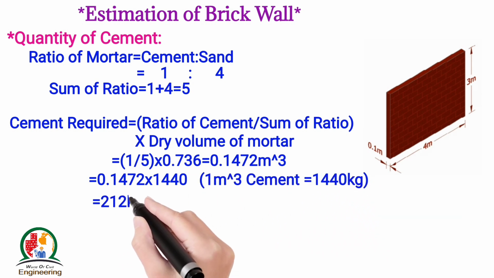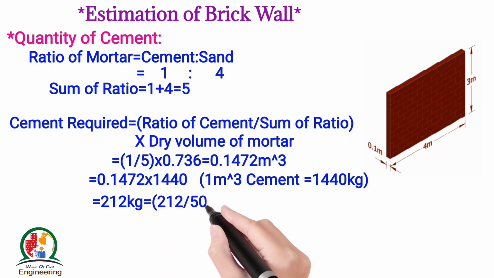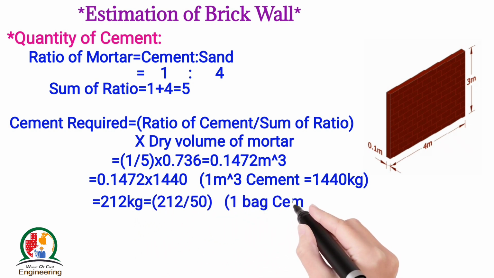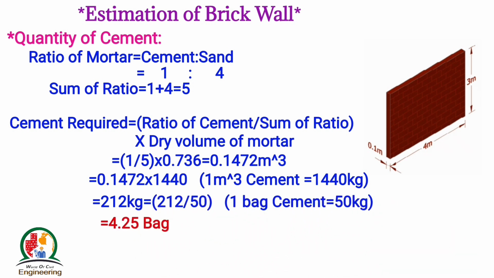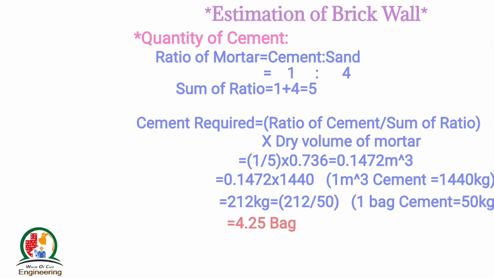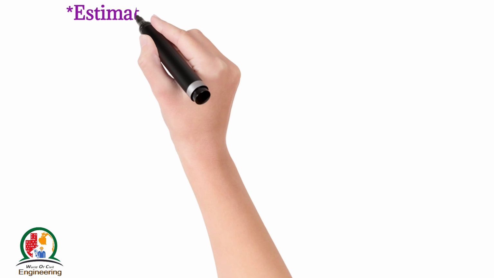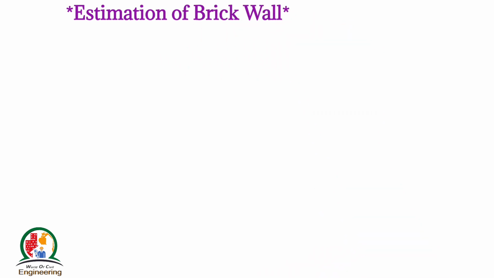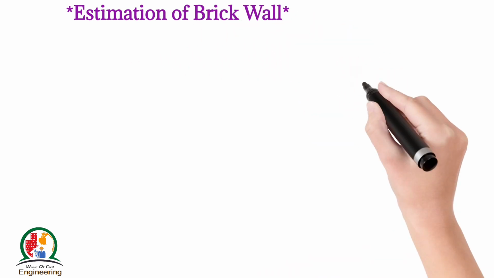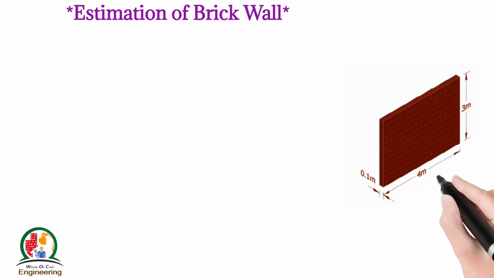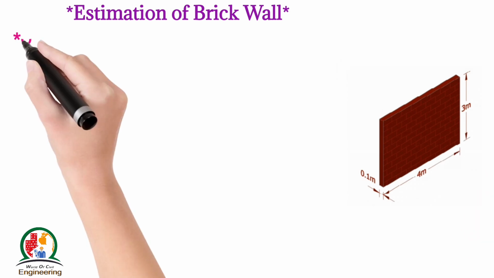Into 1440, 1 meter cube cement equal to 1440 kg, equal to 212 kg, equal to 4.25 bag, because 1 bag cement equal to 50 kg.